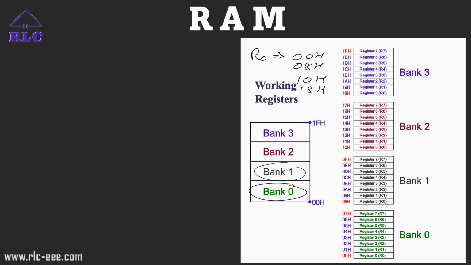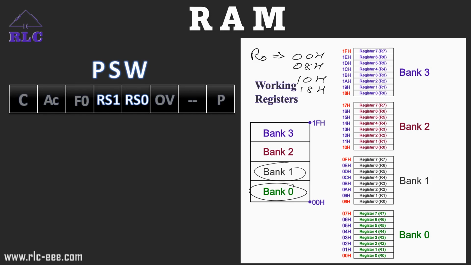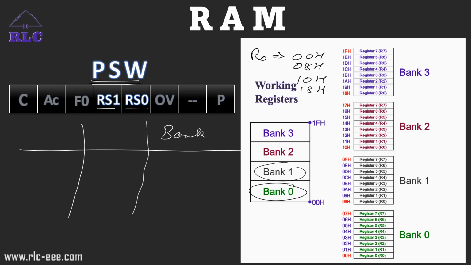To overcome that, there are register select bits available in the PSW, that is, the program status word. The detailed explanation of this register will come in an upcoming video. Now we'll see only the RS1 bit and RS0 bit. We have 4 working register banks, so to select those 4 banks we require a minimum of 2 bits, because 2 power 2 is equal to 4.